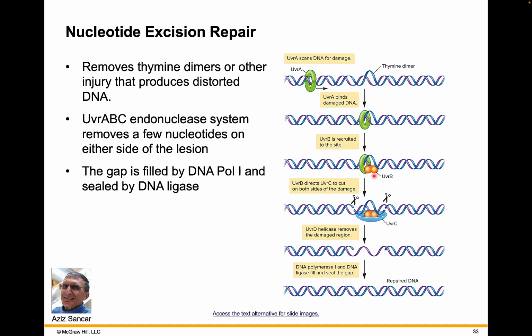So UvrA recruits UvrB, and UvrB then recruits UvrC, which is the endonuclease, and it cuts a few bases on each side of that mismatch. So this is the nucleotide excision. This is excised out, and DNA polymerase fills the gap, and DNA ligase seals the gap.